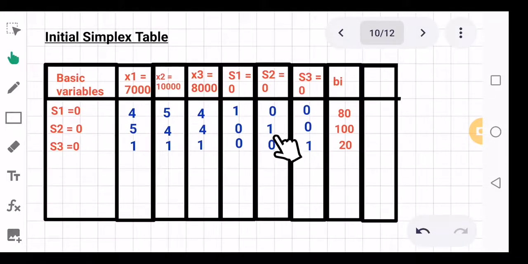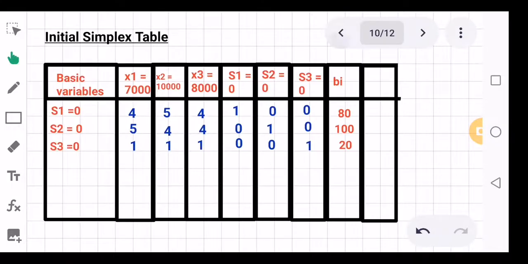S1 and S3 are not there for the second constraint, hence we are putting 0 here and 0 over here. We are considering the coefficients of S1 and S3 in the second constraint to be 0, because 0s1 and 0s3 will be equal to 0 itself. Since those two variables are not mentioned, we can put the coefficients as 0, 0, because it's not going to change the equation.